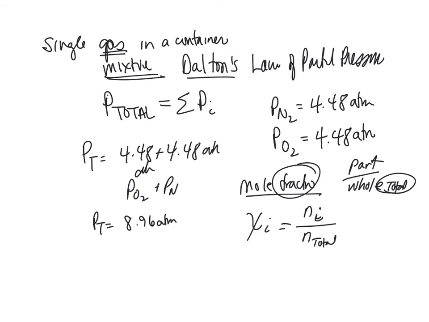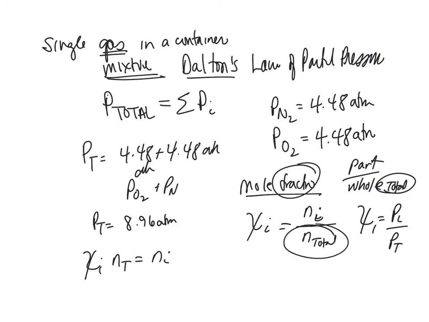And you can do the same thing with the fraction with the pressure, partial pressure versus total pressure. And then you can manipulate that equation to say the mole fraction times your total moles will equal the moles of the individual. You're just multiplying that through.